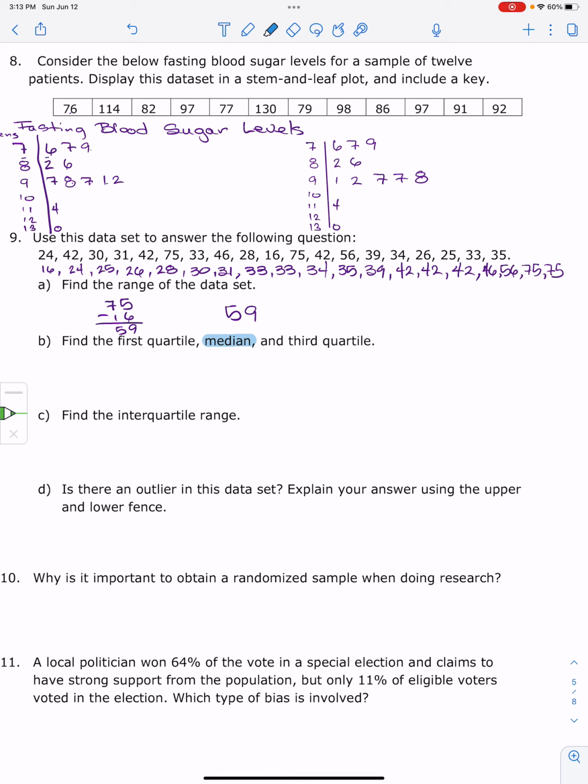And let's see, I did count earlier, so my n here is 19. I have 19 values, which means if I split this evenly, 19 divided by 2 is 9.5. So I should have 9 on each side and the median in the middle. So 1, 2, 3, 4, 5, 6, 7, 8, 9. Puts my median right here at 34.